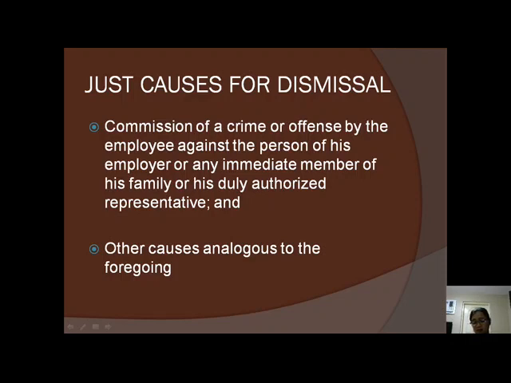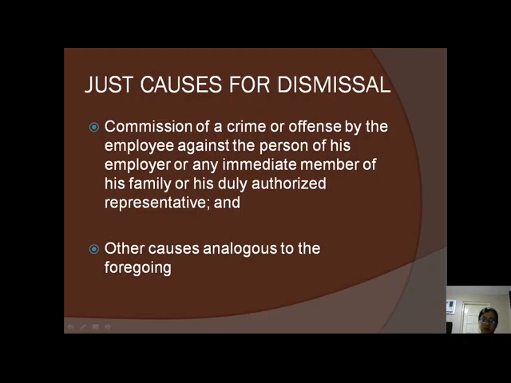That is why, as an HR, knowledge of law is very important, no? So you should be knowledgeable about these just causes in order for you to be confident whether to dismiss an employee or not, no?